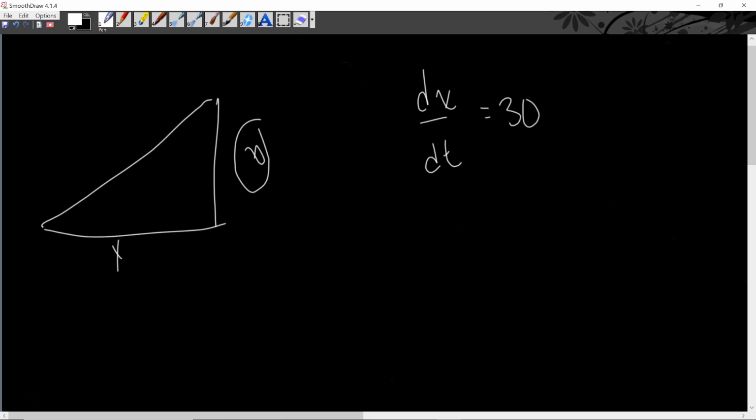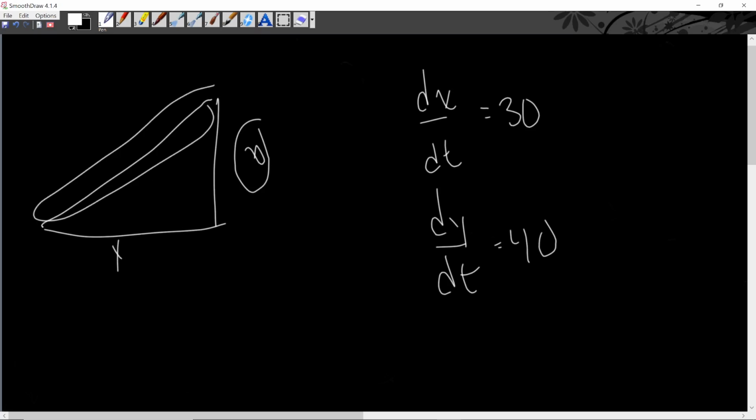And then we have dy/dt, or the rate at which y's position changes with respect to time. It's 40 miles per hour, right? And we have to see how the distance between them changes with respect to time. And this is after 2 hours. So when t equals 2, we have to see what this looks like, right?